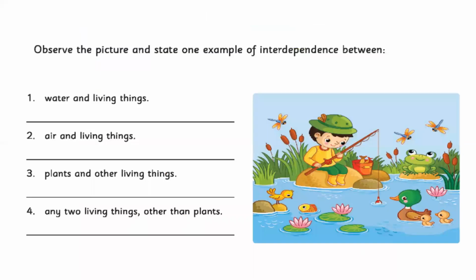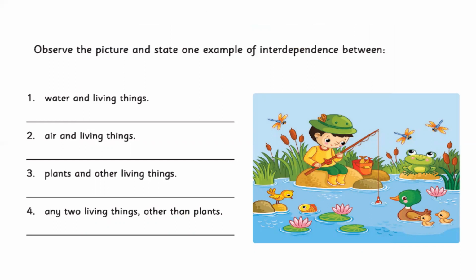So all the living things in an environment depend on the other living things and non-living things. Give and take between the living and non-living things in an environment is known as interdependence.